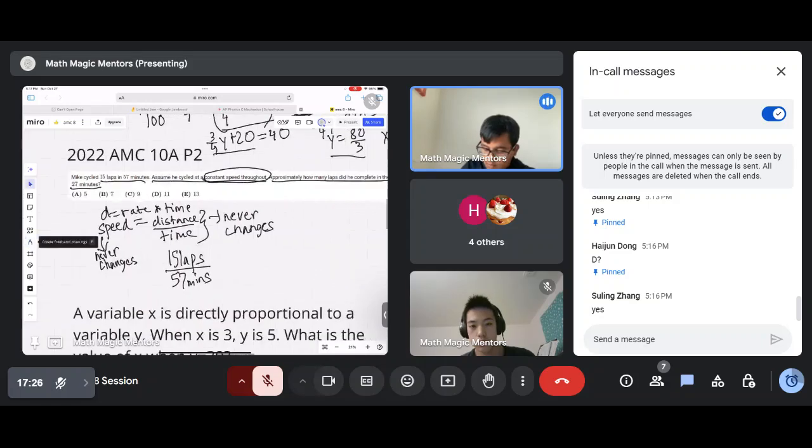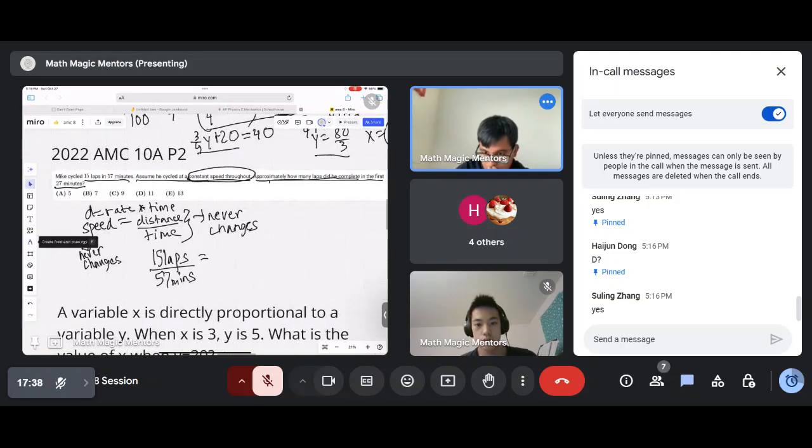And so it says approximately how many laps did he complete in the first 27 minutes. So if the speed never changes, what can we put as the ratio on the right side? So we can say that the number of laps Mike does in 27 minutes is x. So x laps in 27 minutes, right?